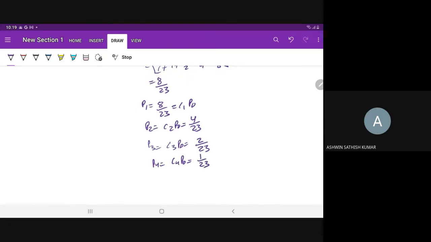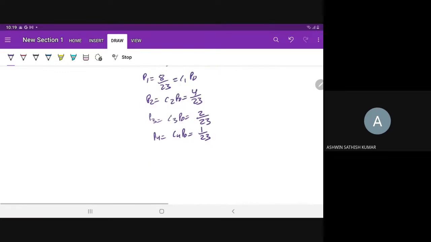So here you have computed all the state probabilities, and always write Pn is equal to 0 for n greater than or equal to 5, because when we ask for the state probabilities, you have to write all of them. So it is mandatory to write here Pn is equal to 0 for n greater than or equal to 5.